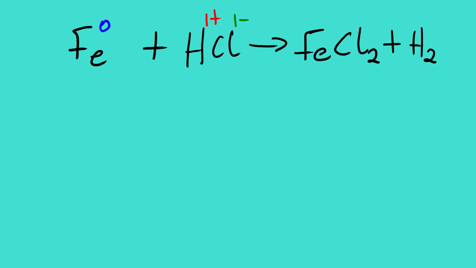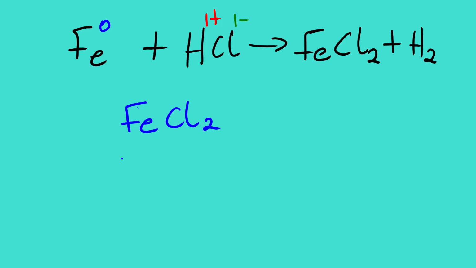And then looking at the product side, we need to calculate the oxidation number of these elements. We don't know the oxidation number of iron in this case, but we know the oxidation number of chlorine is 1- because it's a halogen.